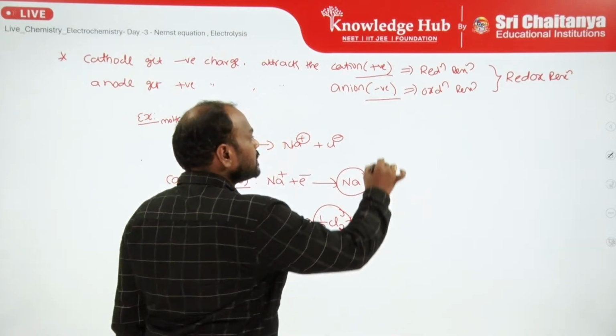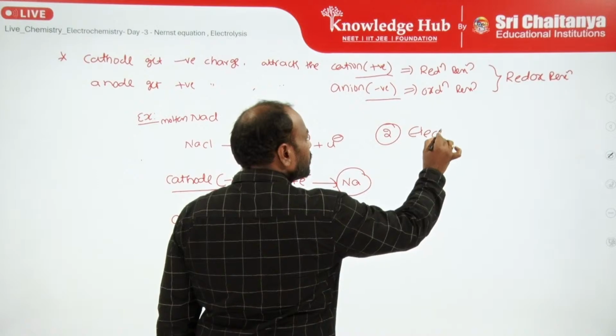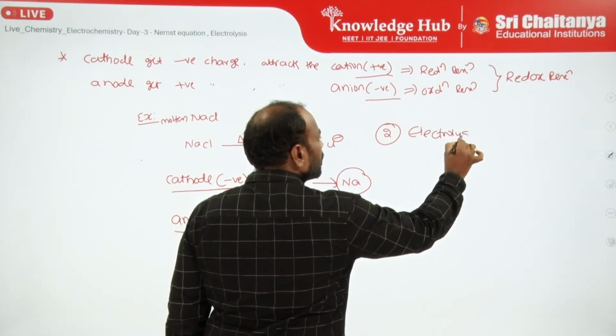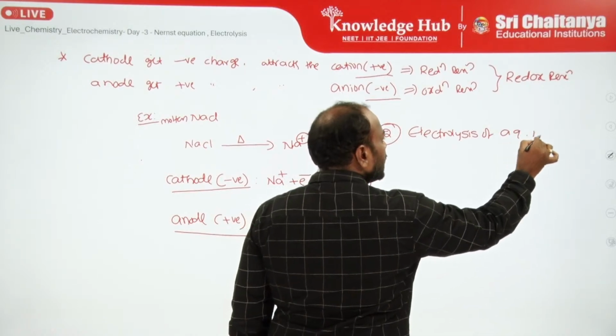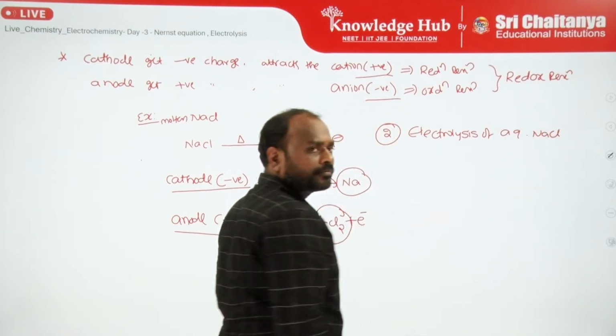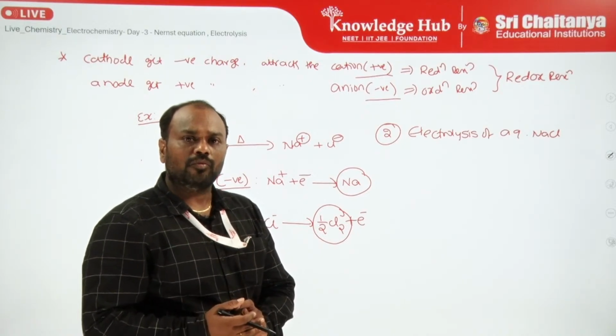Now take the second example: electrolysis of aqueous NaCl. Aqueous NaCl means sodium chloride is present along with water.